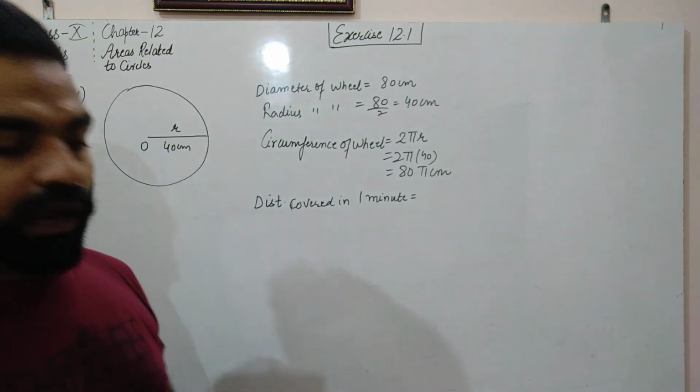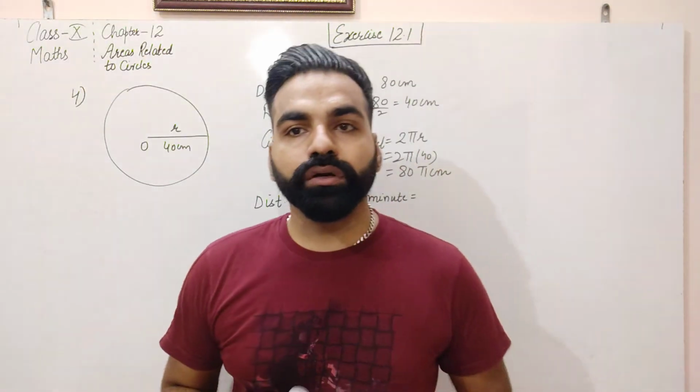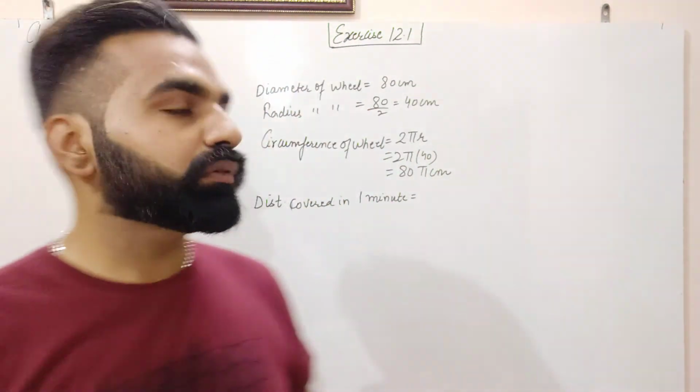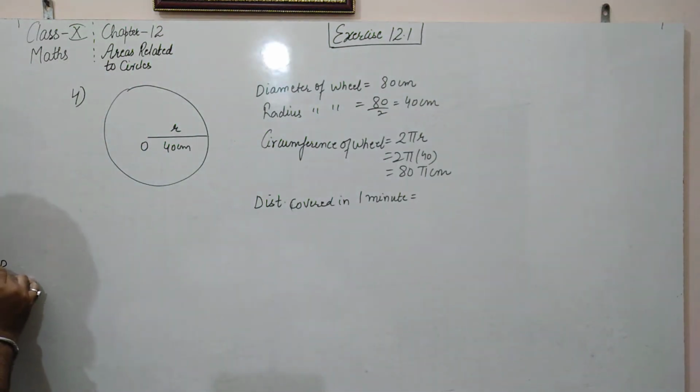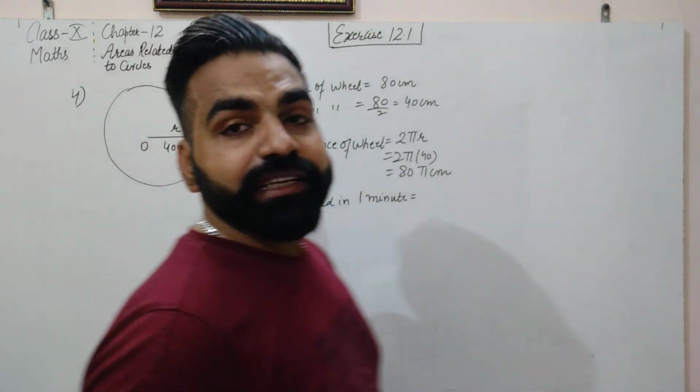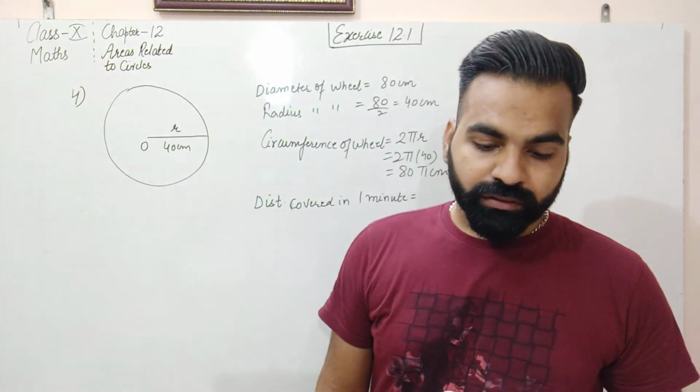When speed is given, how to find distance? Distance is equal to speed into time. So it is given that it travels 66 km per hour.